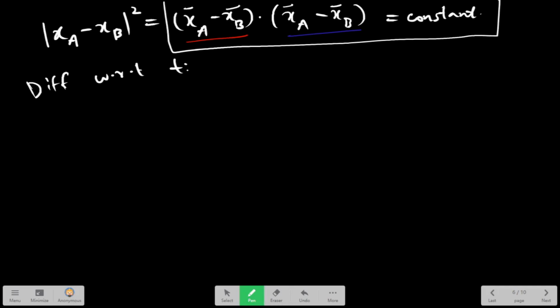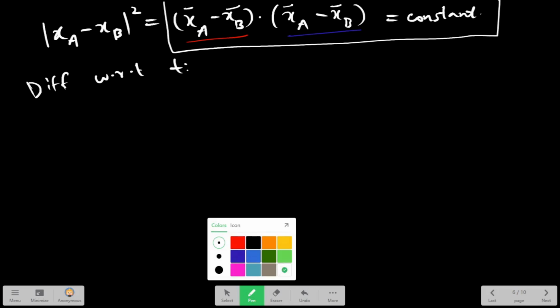So you will get xa dot, this dot represents time derivative, minus xb dot, times, here is a dot product, xa minus xb.